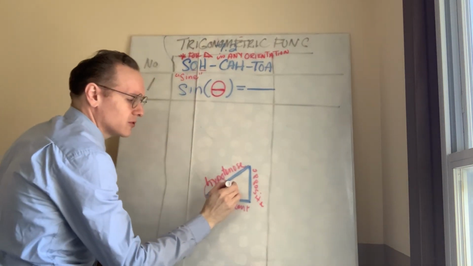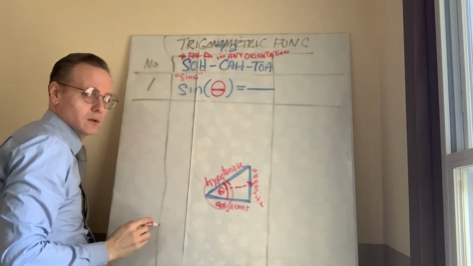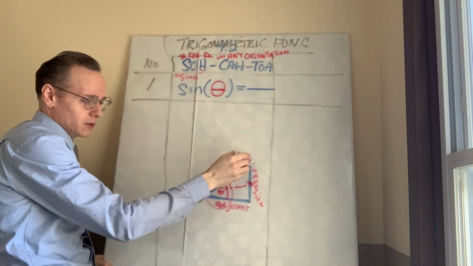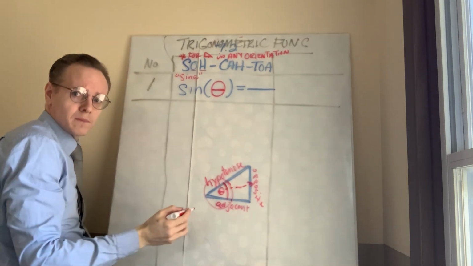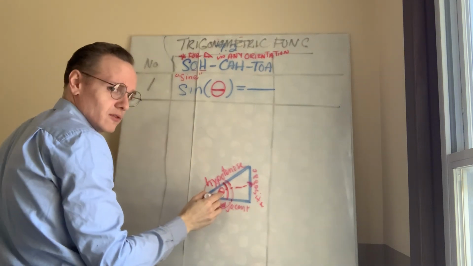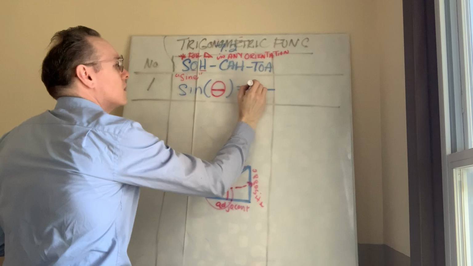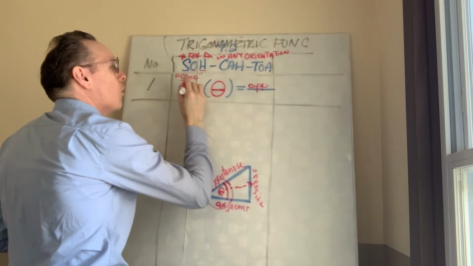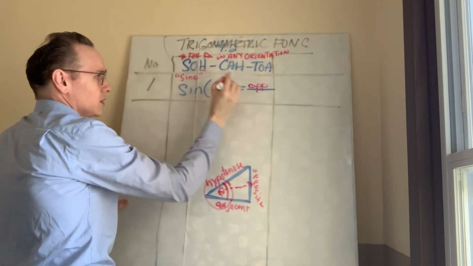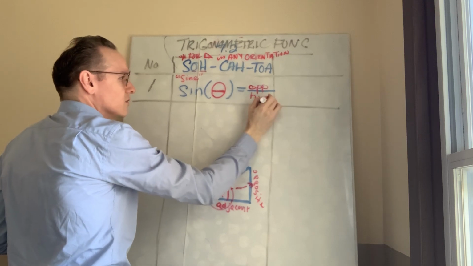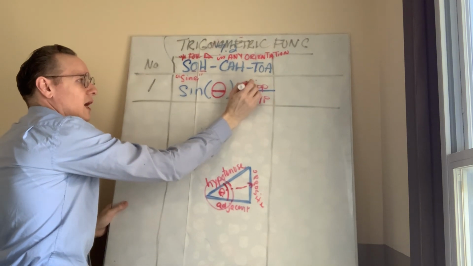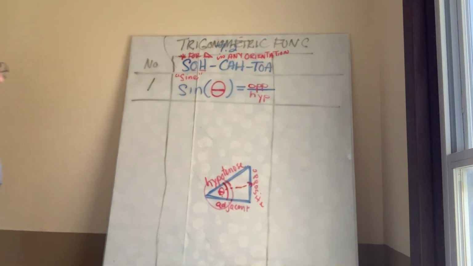So the opposite side of this angle, or in theory, if you had another angle here, the opposite side would be here instead. The opposite of whatever the angle is, whatever the orientation of the triangle, over the hypotenuse, that's what the H is. So I'm just going to abbreviate this as op over hype.